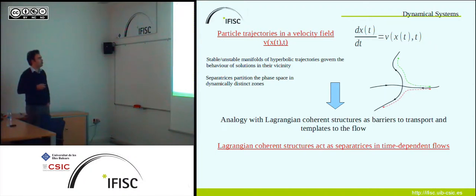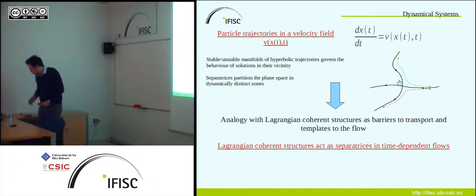These two characteristics are related to the concept of coherence that I talked to you about earlier, and so we adopt these stable and unstable manifolds as a definition of Lagrangian coherent structures, because we would expect these Lagrangian coherent structures to act as barriers to transport and to influence the flow of particles and material deformation. And so we come to the conclusion that we can equate Lagrangian coherent structures with separatrices in time-dependent flows.